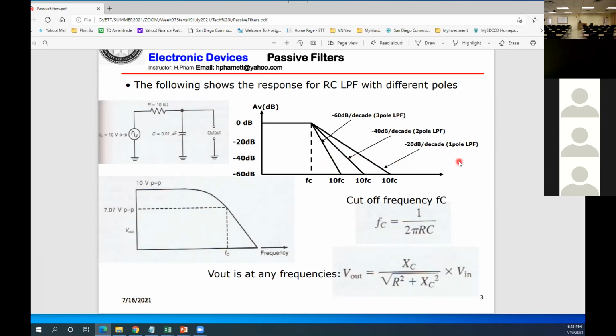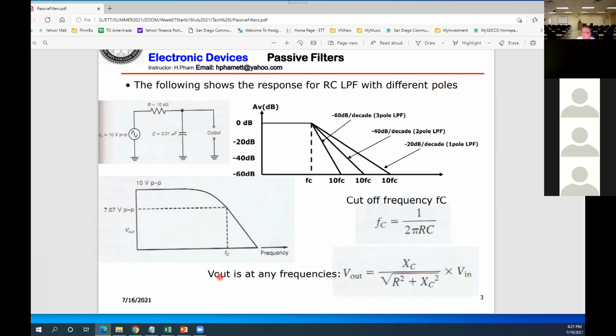Because stop band, you want to stop as much as you can. You don't want to still get the signal here. You want this one to go down right away. And if you want to calculate the cutoff frequency again, 1 over 2 pi RC.